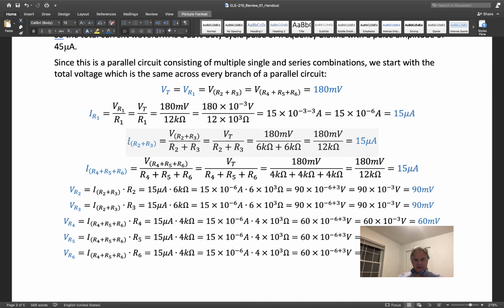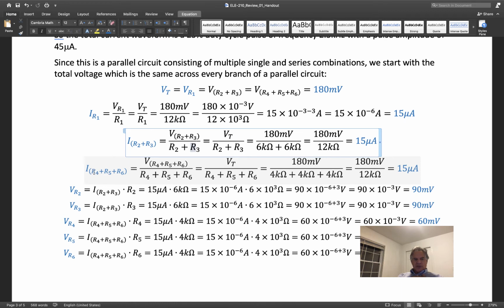If I look at the current through the series combination of R2 and R3, I take the voltage across them, which again is the total voltage, 180 millivolts. R2 plus R3, they are two 6K ohm resistors. They'll add up to 12. I'm going to get the same 15 microamps. And you can see, once again, I've rigged the problem to come out a little easier for demonstration purposes.